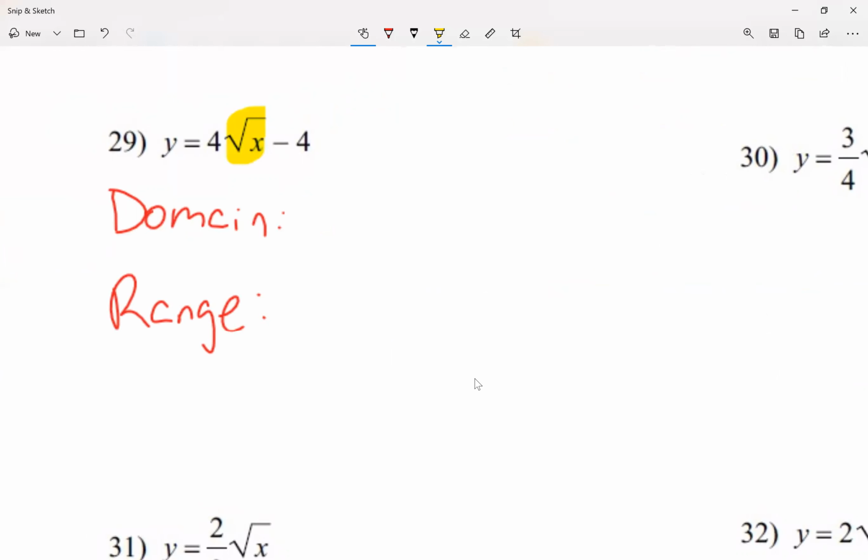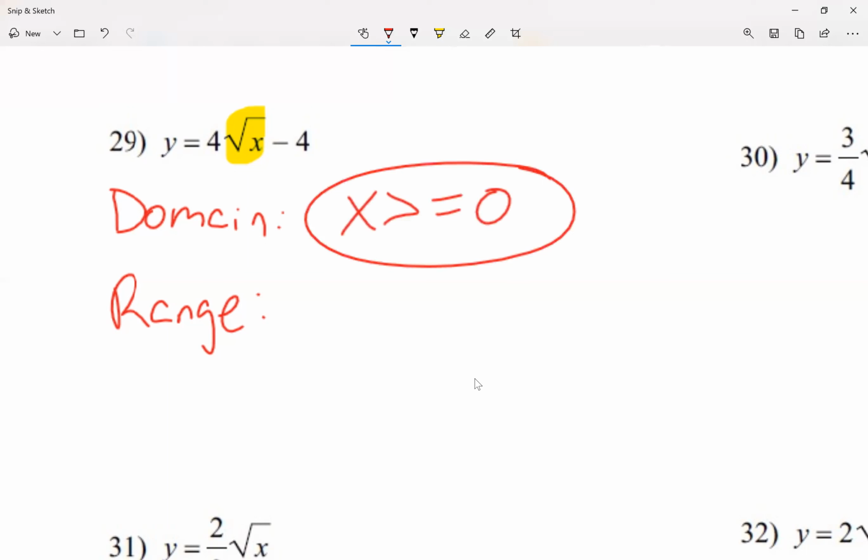The possible values of x I can think of are 0 and any positive value. So I'm going to say my domain is x is greater or equal to 0, because I'm dealing with the square root of x. x cannot be negative.